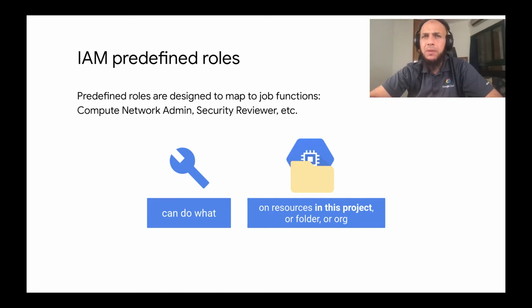For that reason, Google has created, for each of the services we have in GCP, such as Compute Engine instances, Cloud Storage buckets, BigQuery, Bigtable, Cloud SQL, and the rest of the services, predefined roles, each with its own permissions. So for BigQuery, I've got BigQuery Admin, BigQuery Data Owner, BigQuery Connection Admin. Each role has a set of permissions associated with it that could relate to a particular role in my company, where a team or a member can do their job, and only the tasks they are allowed to do, nothing else, nothing more.